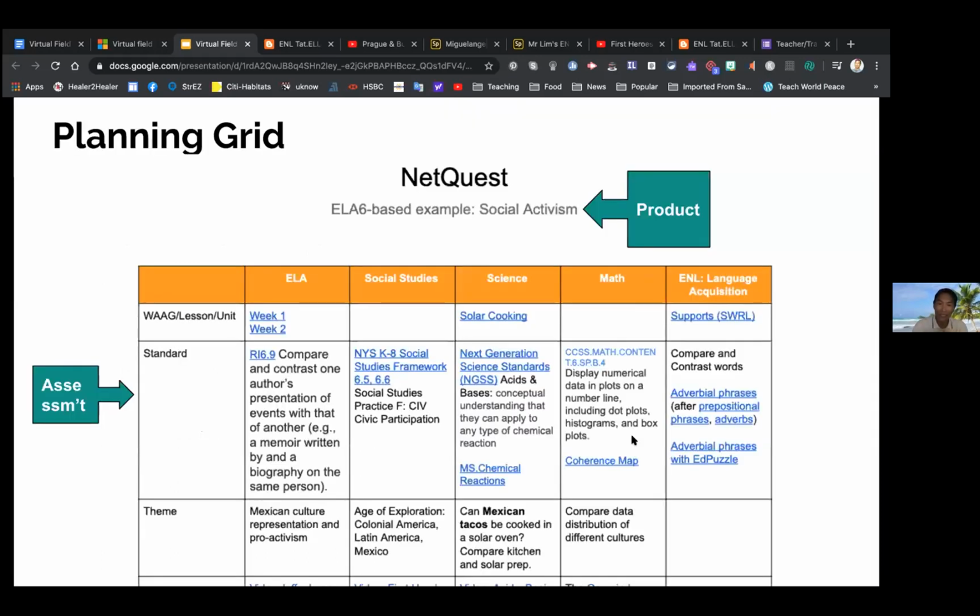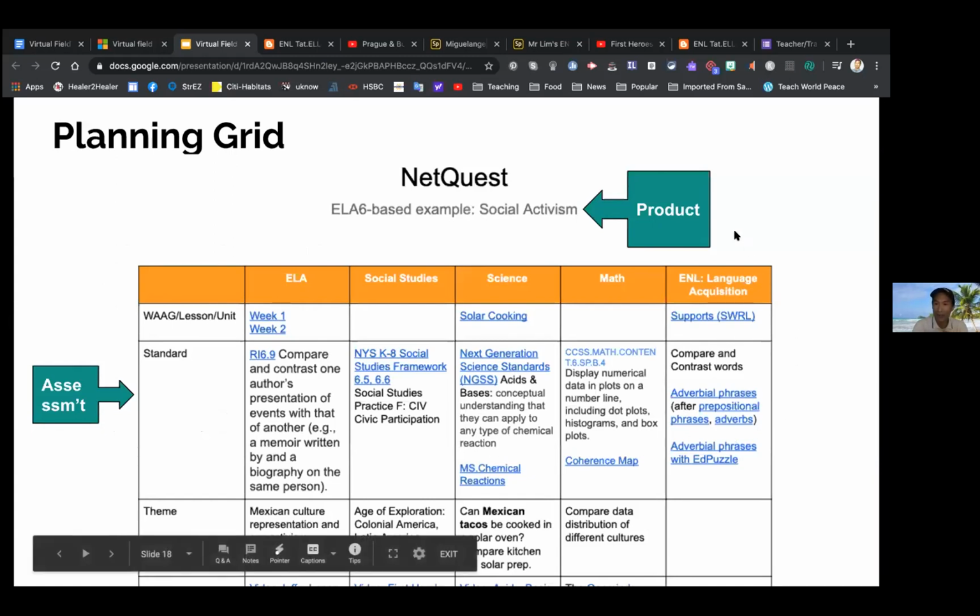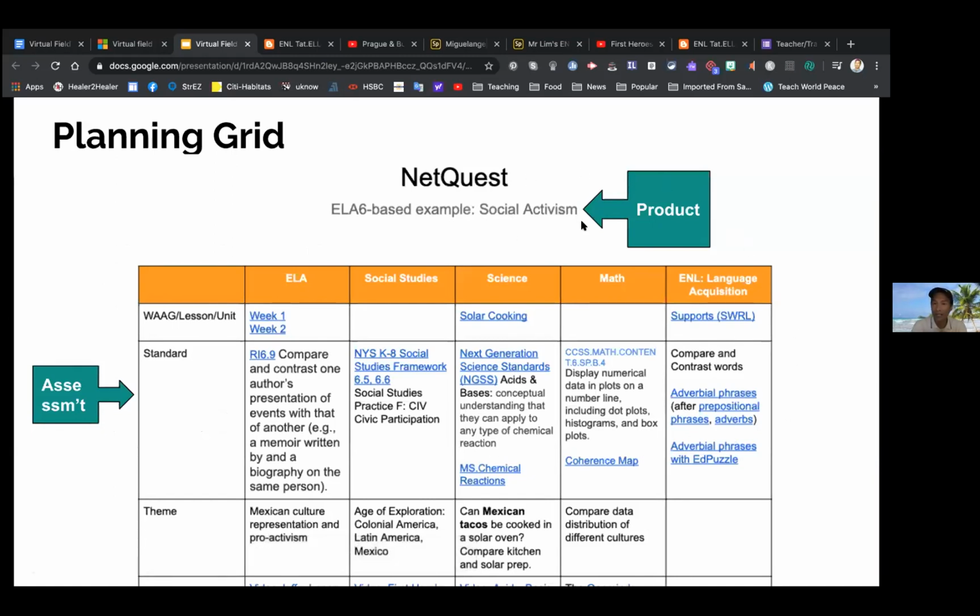Back to the grid. The theme necessarily went for something like a social activism product. Okay, so there are many movements in terms of civil participation or civic participation that the students can draw from, and they can draw from their cultures as well, because things in Yemen have to do also with civic participation, what happened there.